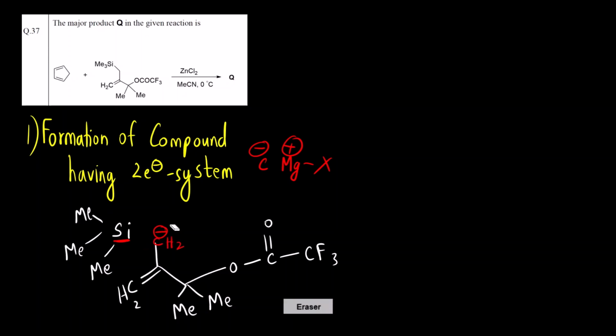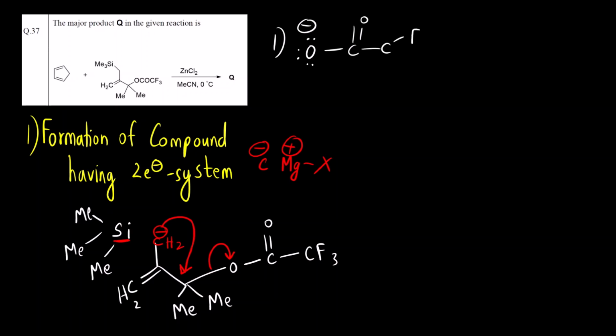This CH2 minus can attack here and this will go away as a good leaving group. Now why is this a good leaving group? There are two reasons. First, the oxygen negative charge is stabilized by two factors.